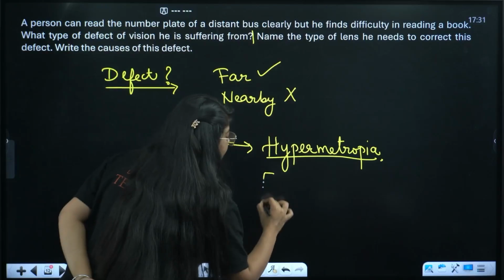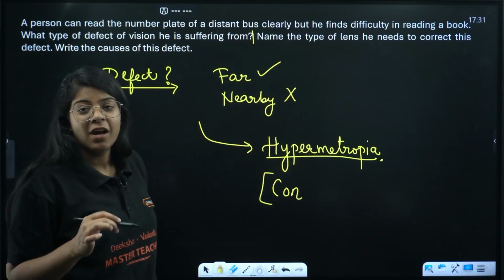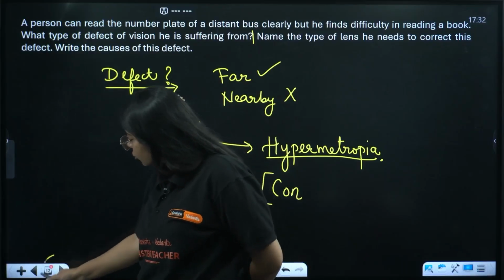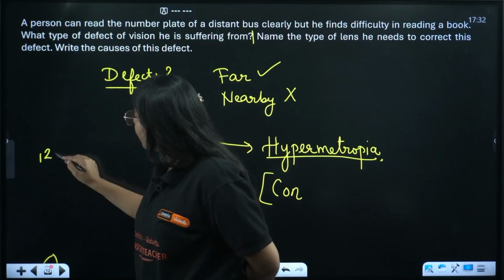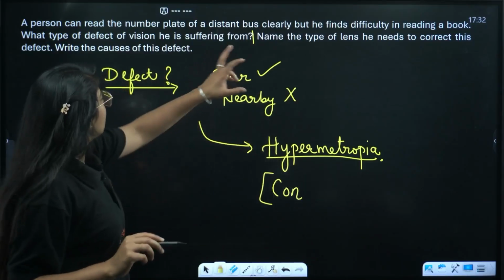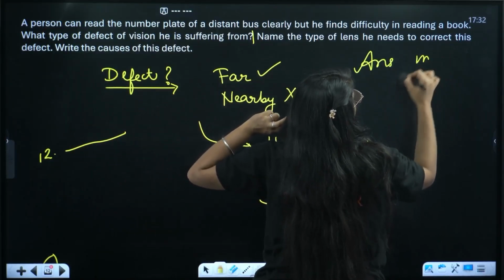Of course, to correct hypermetropia, we use concave or convex. Okay, this you have to tell me. Write down the answer of this question. The slide number is 12. So you can write 12 and which lens is used to correct that vision. Name the type. Write the answers in the comment.